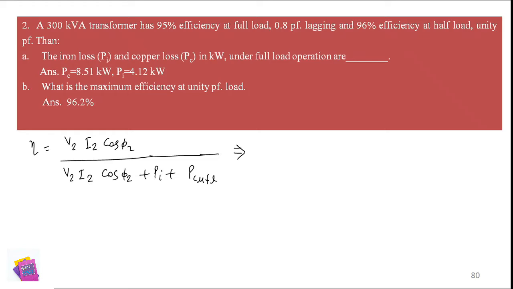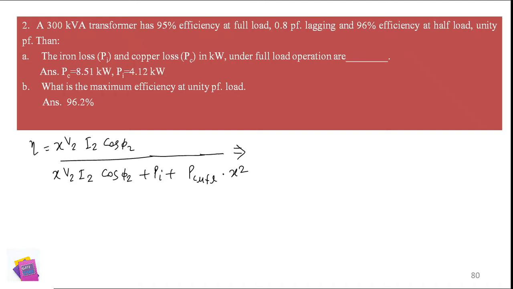When you write this current in percentage, you will multiply by x, if the load percentage is given. And how will you find the copper loss? Multiply the full load copper loss by x square. Okay, this is your modified formula.